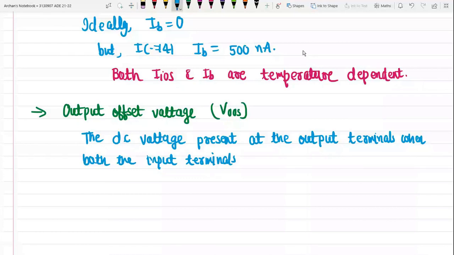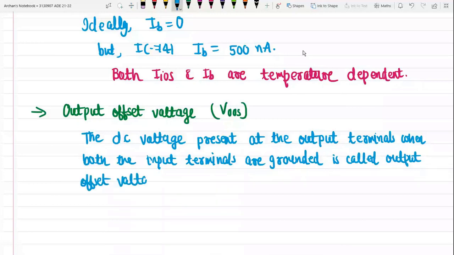It is called output offset voltage, denoted by VOOS.